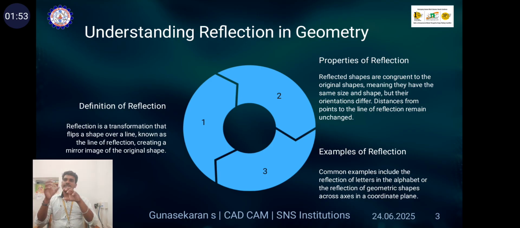Reflected shapes are congruent to the original; they maintain the same shape and size but have opposite orientations. Reflection is common in everyday visuals like symmetrical letters, for example A or M, and in reflections in water or a mirror.